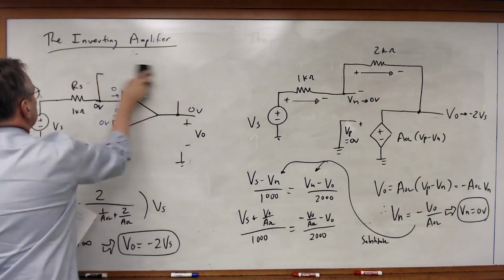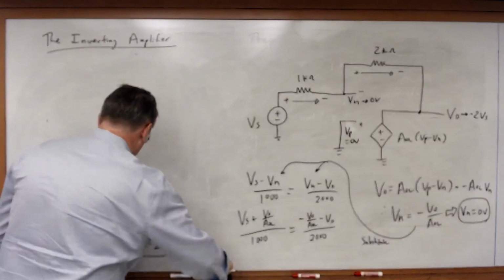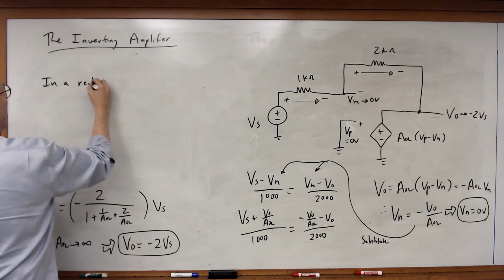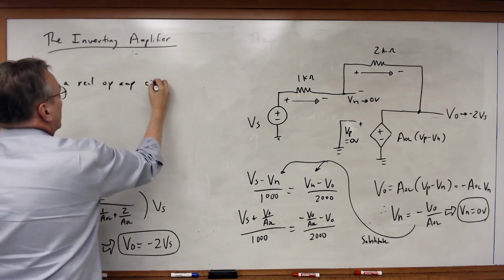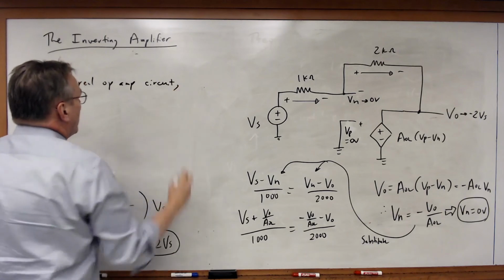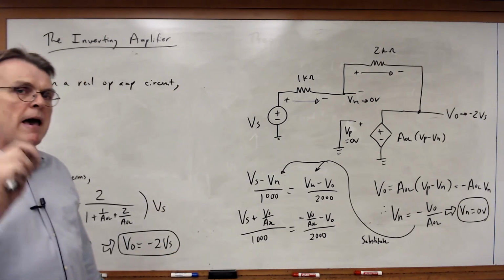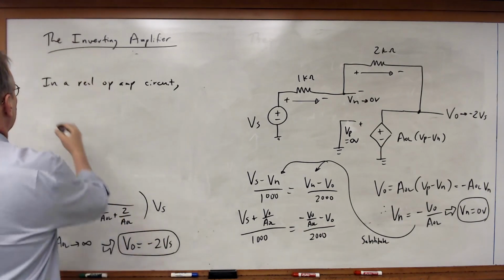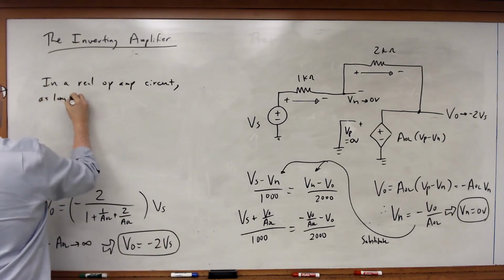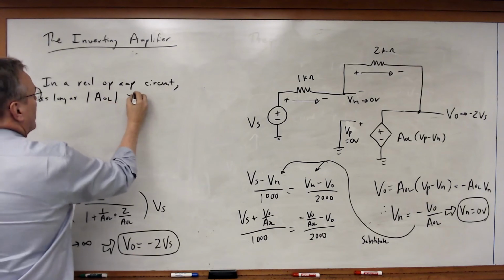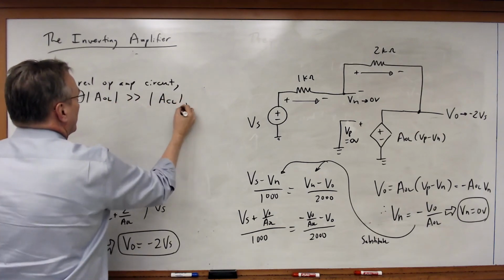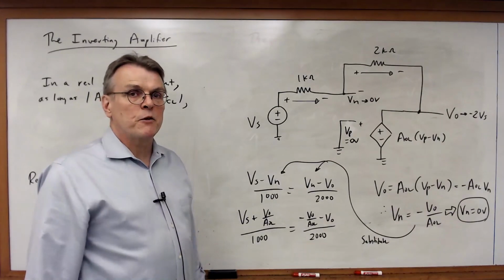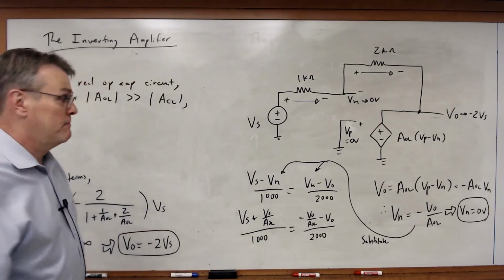In a real op amp circuit, as long as the magnitude of the open loop gain is much, much greater than the magnitude of the closed loop gain, then what we'll find is we can approximate the correct answer by using the ideal op amp assumption.